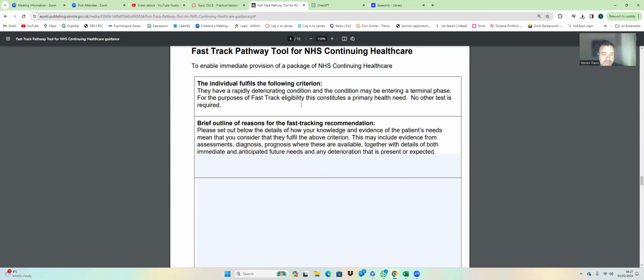So here's the criteria. They have a rapidly deteriorating condition, and the condition may be entering a terminal phase. For the purpose of fast track eligibility, this constitutes a primary health need. No other test is required. So it's as simple as, are they rapidly deteriorating? And do you think that they are entering that terminal phase?